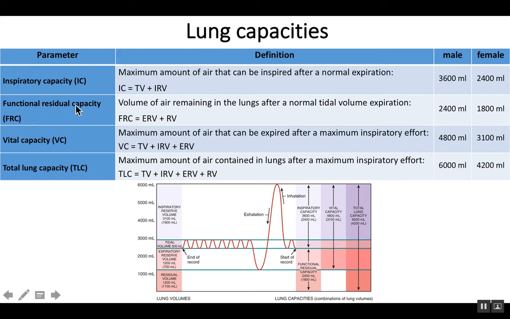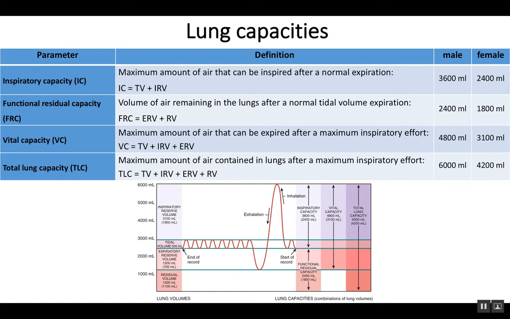Functional residual capacity, or FRC, is the volume of air remaining in the lungs after a normal tidal volume expiration. This is an important one. FRC, which is shown on the graph right here, is how much volume is in the lungs after you quietly exhale.